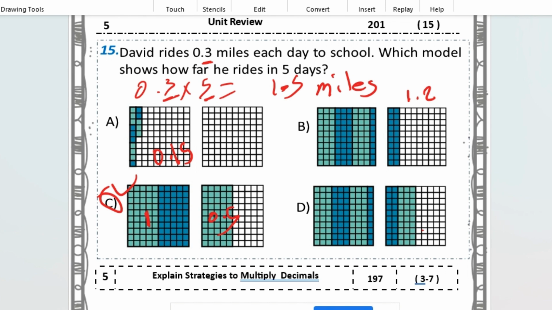This is 1, 2, 3, 4, 5, 6, 7, 8, 9, 10. Okay, let's just think about this for a second. I think this is incorrect, because here we want 0.3, and the correct answer should be this one, the number D.